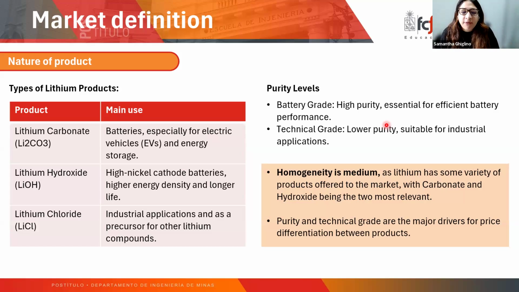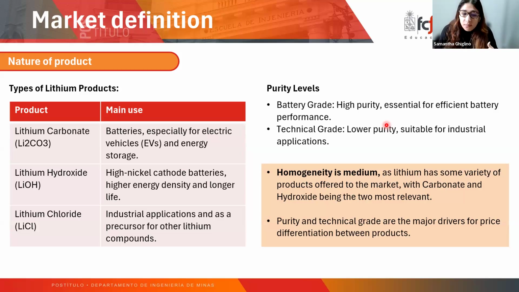So we have defined that homogeneity is medium. It is not as high as, for example, iron ore, perhaps, that has a wide range of presentations, but it's not 100% homogeneous. I always forget the right word, but we have defined that it is medium.